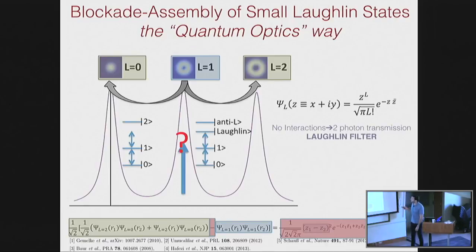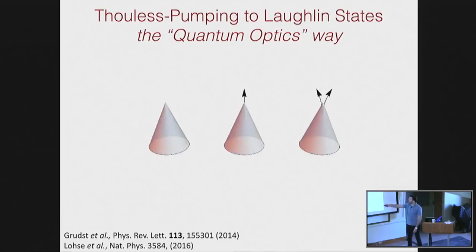What's a nicer way, we think, is to inject a photon into the cone tip and then thread 2 fluxes through the system by performing an upside-down Raman transition to transfer the photon from the L equals 0, from this unthreaded cone to the once-threaded cone to the twice-threaded cone and back. And that puts 1 flux in.